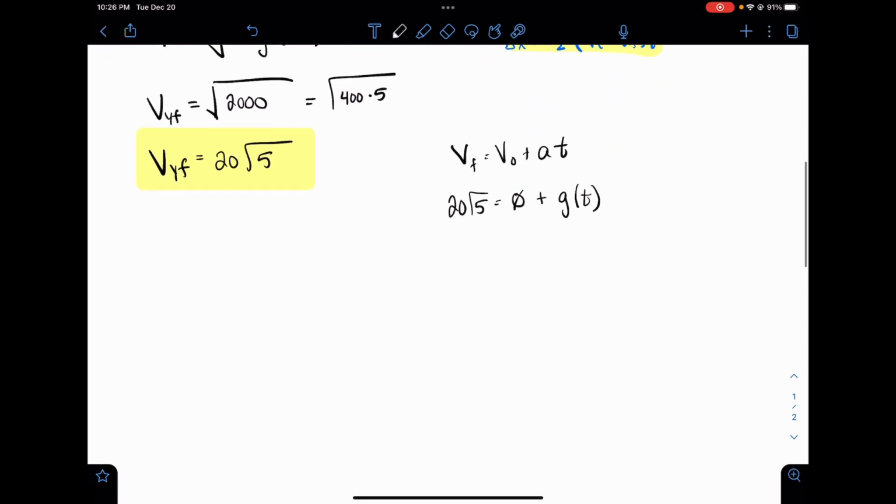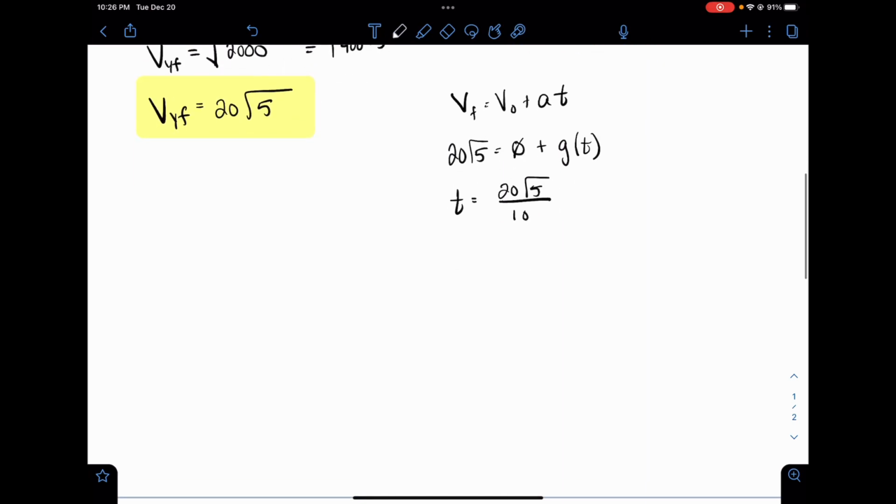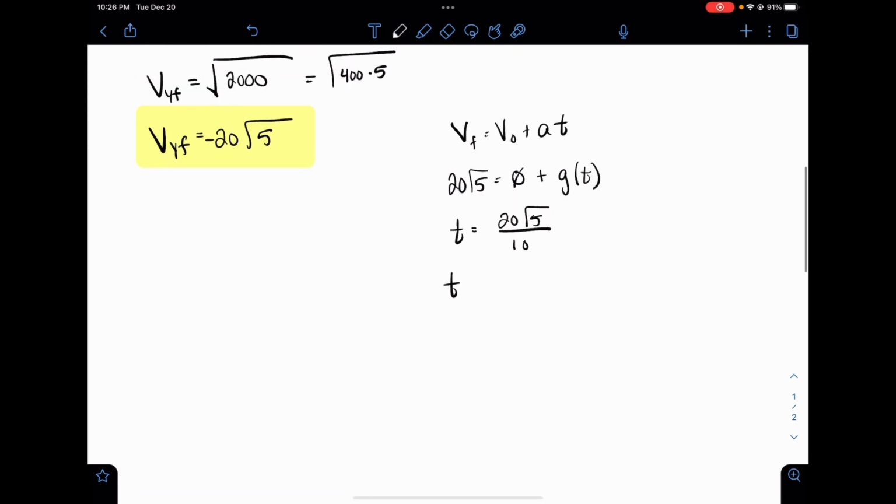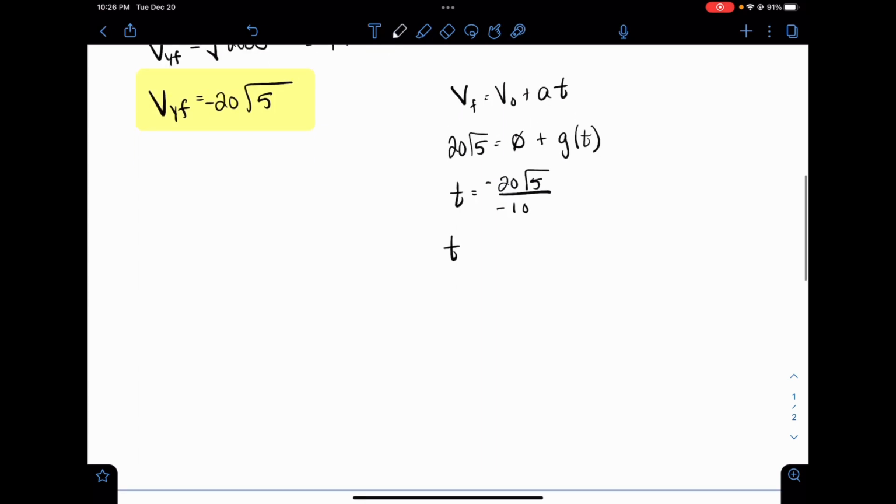So we know that time is going to equal 20 square root 5 divided by 10. This is a negative direction, and this is negative acceleration. So time is going to become positive, and you're going to get 10 square root 5. I'm sorry, 2 square root 5 seconds.